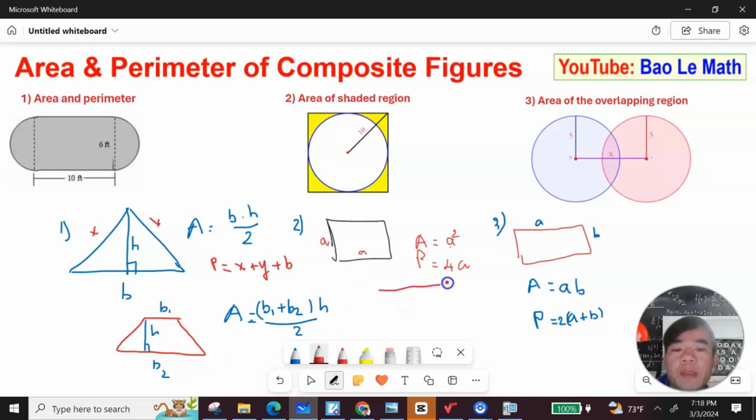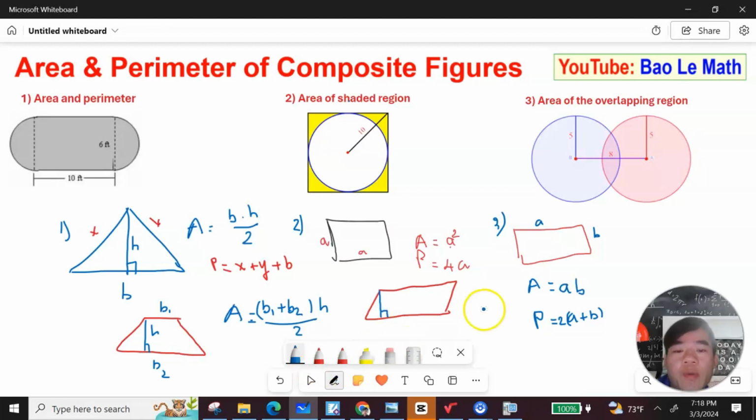So we have the parallelogram right here. You need to be careful with the parallelogram. If you choose this side as the base and the height right here, keep in mind the base and the height are always perpendicular.